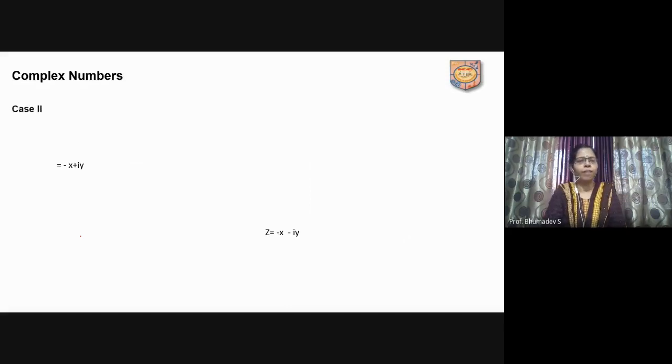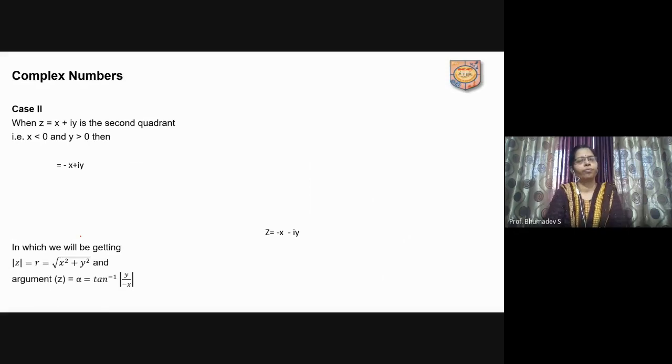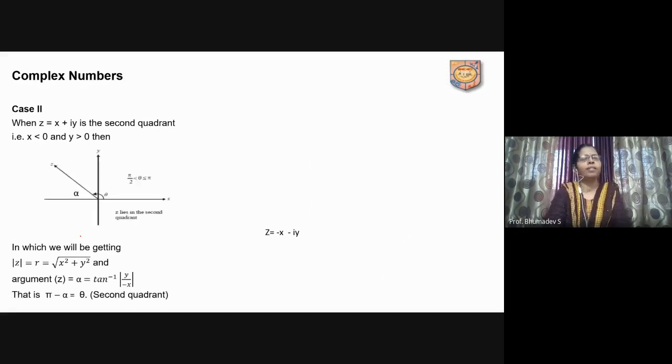So the same way for case 2, we have the theta which is lying in the second quadrant, and we can consider alpha as one of the angles. According to the information, r is equal to square root of x square plus y square, as you know z is always represented as x plus iy.